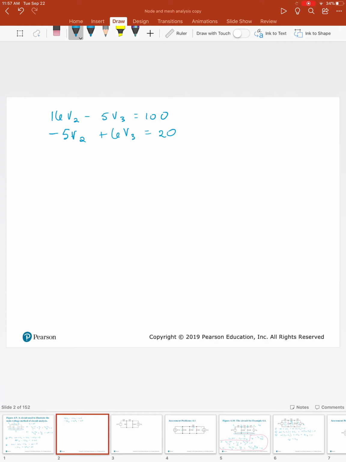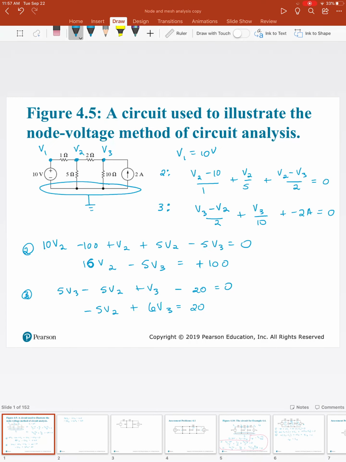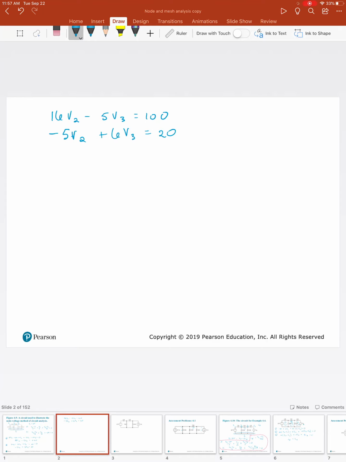Okay, so here are the two equations and two unknowns, and so we make sure minus 5, 6, and 20. Alright, so just by method of substitution, V2 will be 100 plus 5V3 over 16.